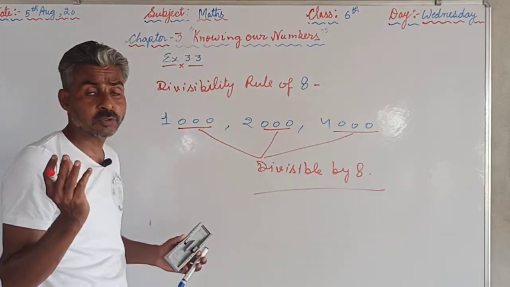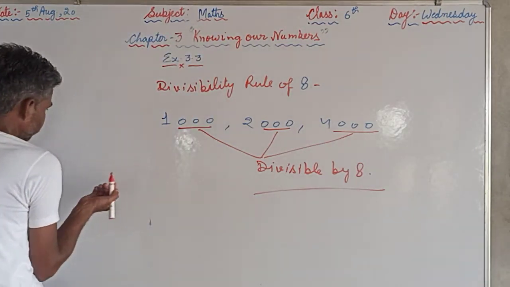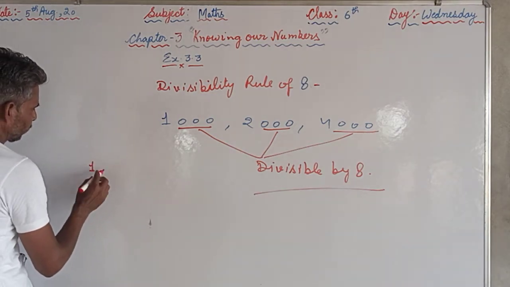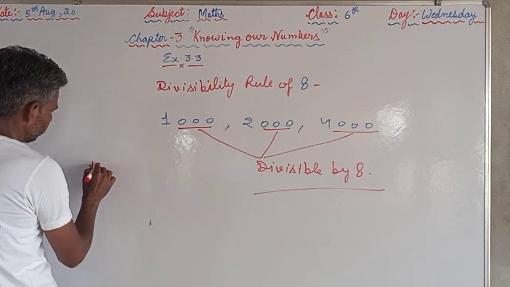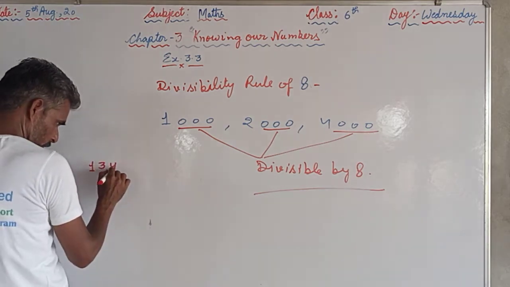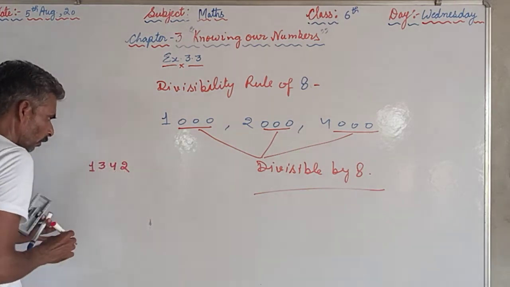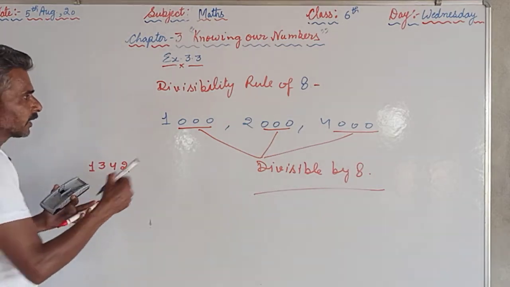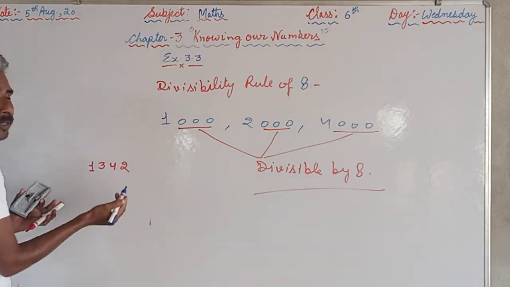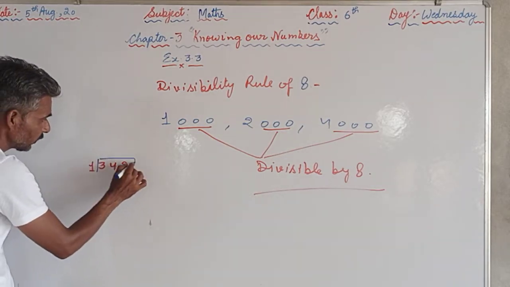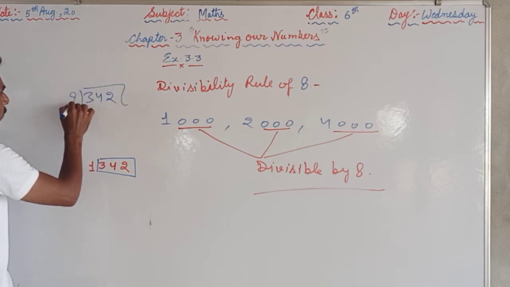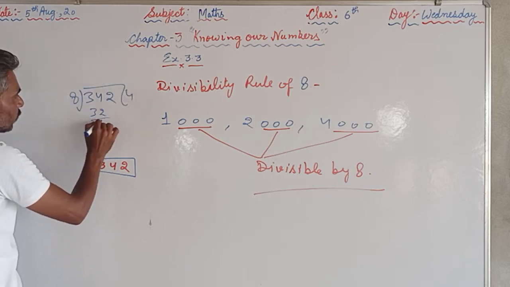For 8, 3 zeros are required, or otherwise a number like this is there. So either we will see if the 3 zeros are there, or if 3 zeros are not there, we will take the last 3 digits.